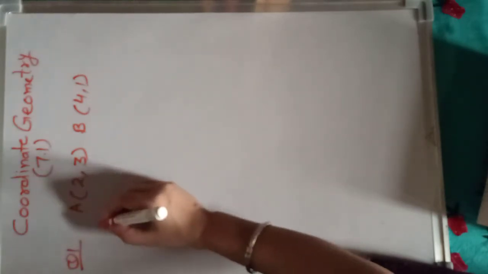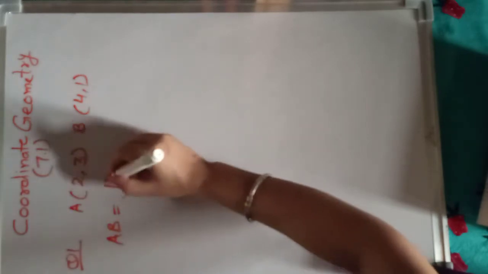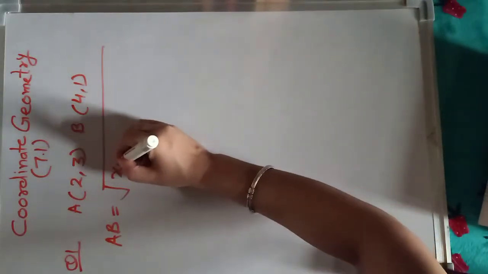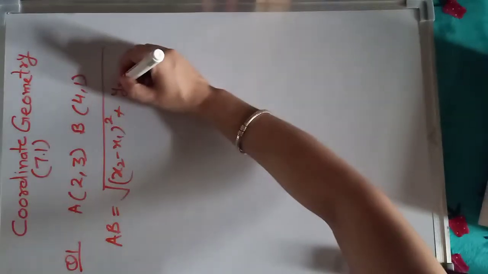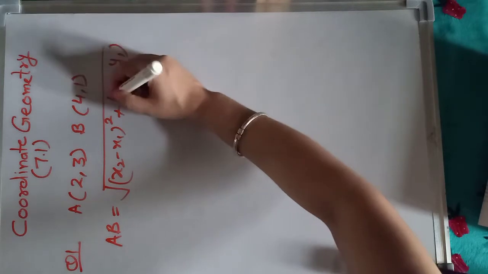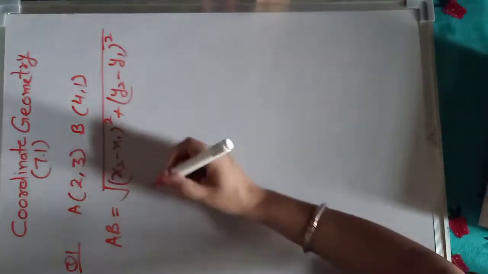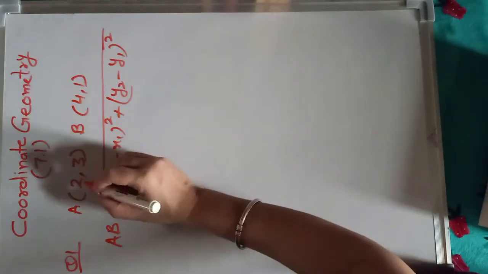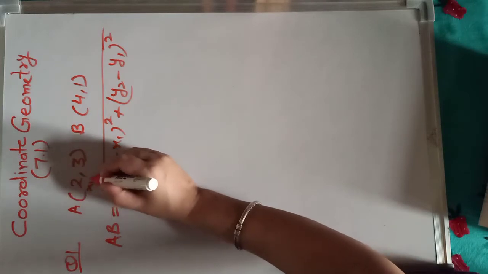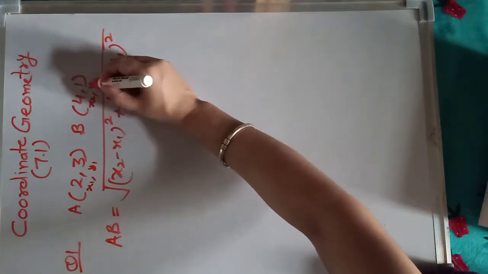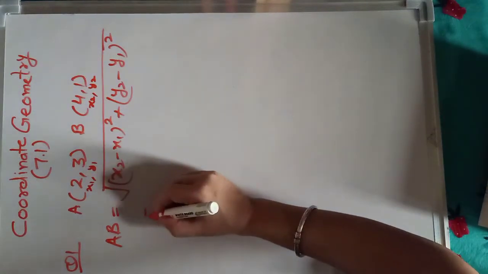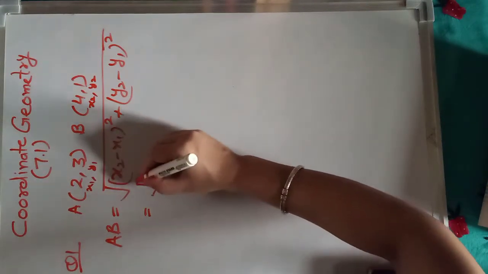Yes, apply the distance formula: the square root of (x2 minus x1) whole square plus (y2 minus y1) whole square. Now what about x2 and x1 here? This coordinate will be taken as (x1, y1) and let us take this as (x2, y2). Now just substitute the values and solve it.